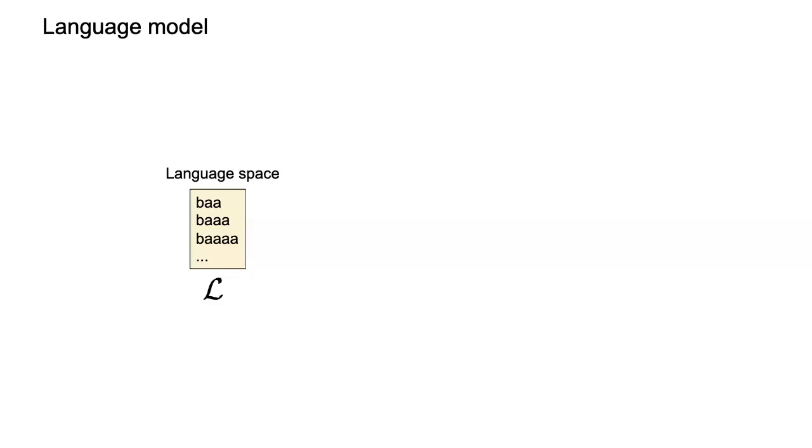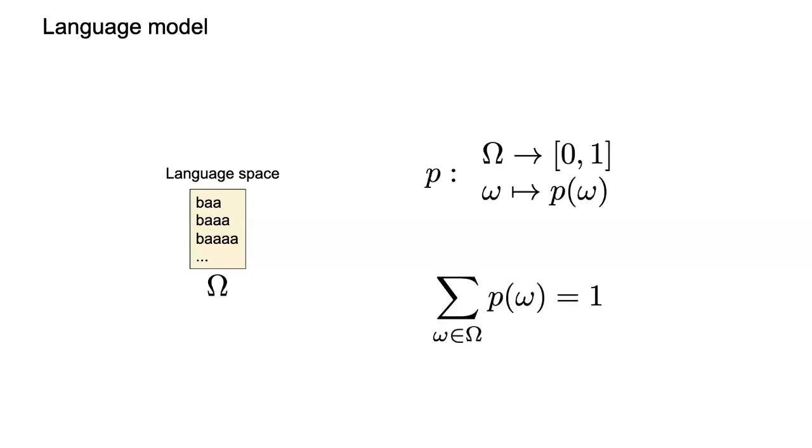But now instead of calling it L, I'm going to call it omega, which is the set of all the possibilities that we actually have, right? Everything we can generate. And that means now we have an omega, we can actually put probabilities in there, right? We can actually put a function P that gives a weight to every one of these words in the language space, right?